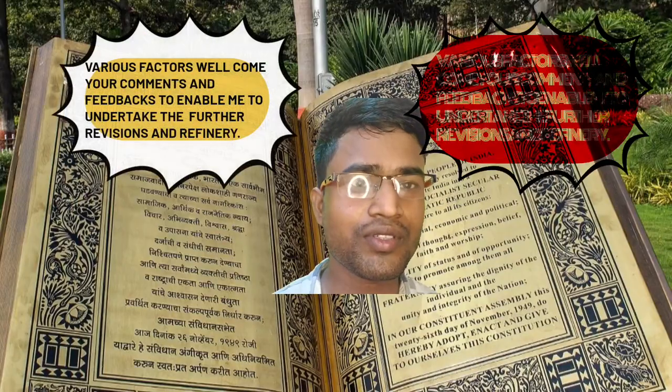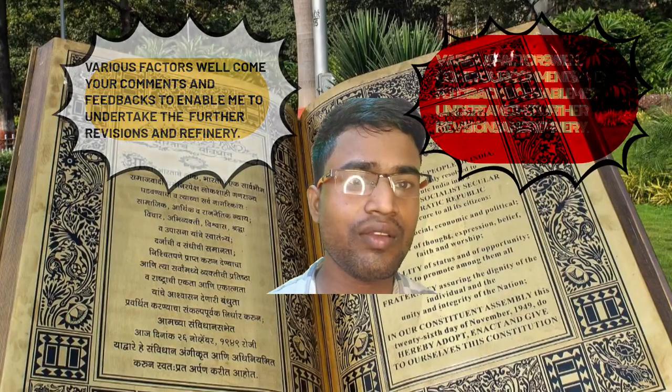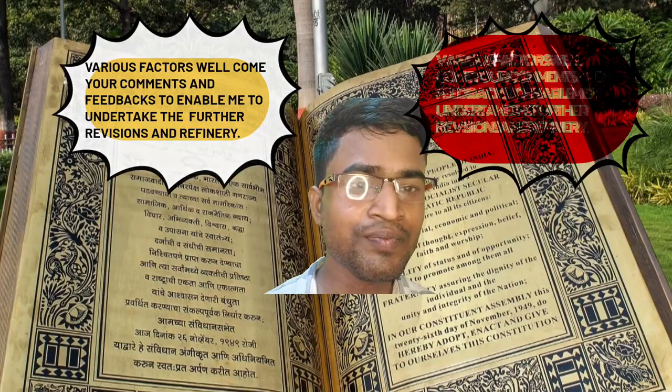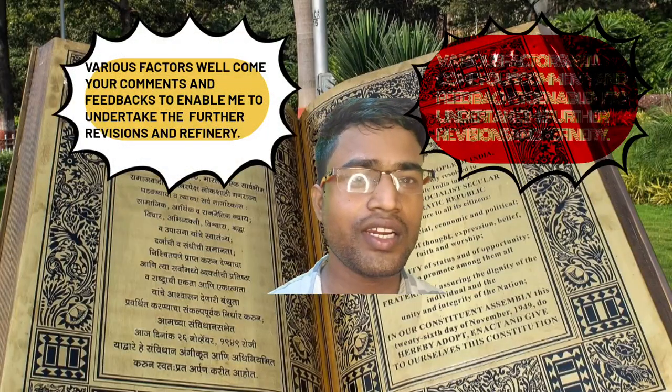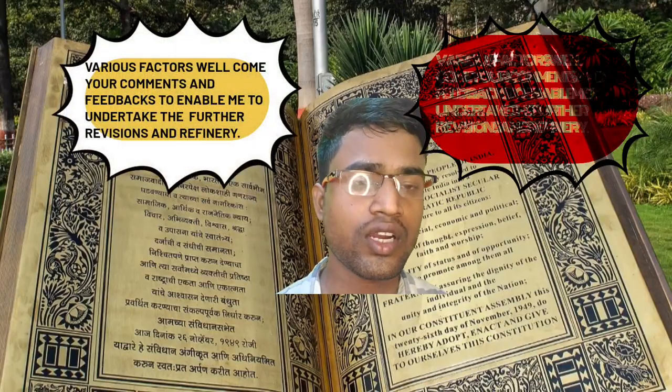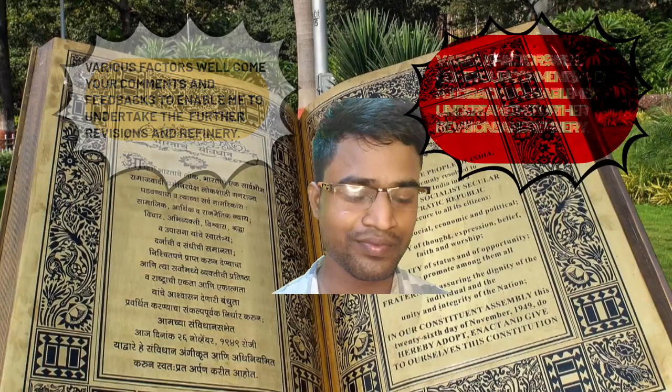It contains the provisions in relation to the disqualification of the members of Parliament and state legislatures on the ground of defection. This schedule was added by the 52nd Amendment Act of 1985, also known as the Anti-Defection Law.